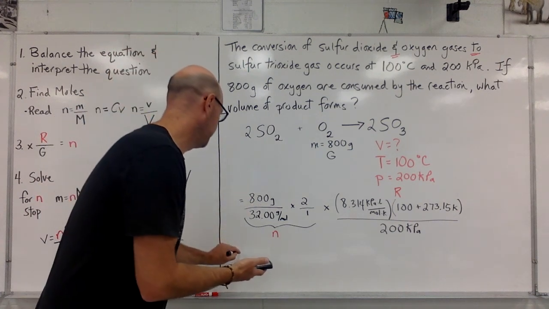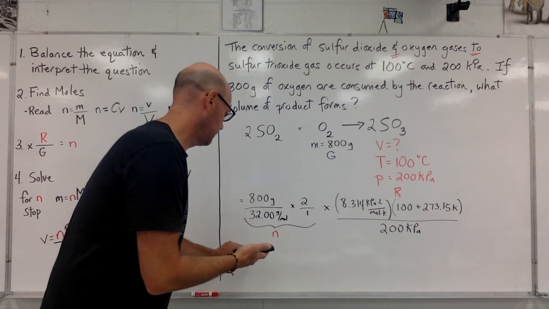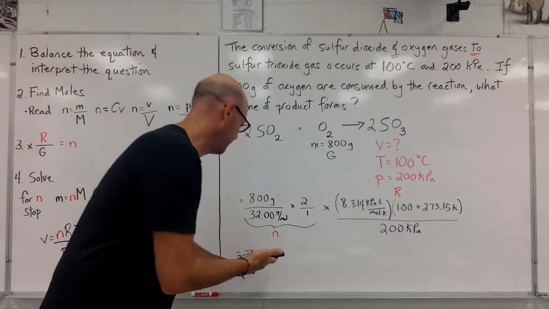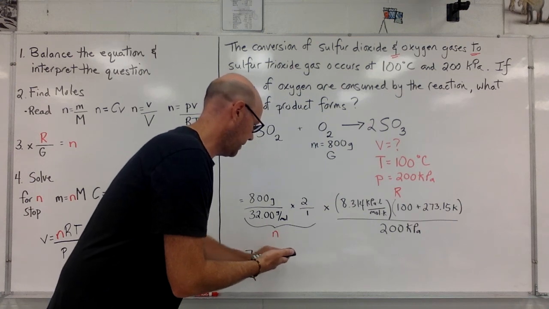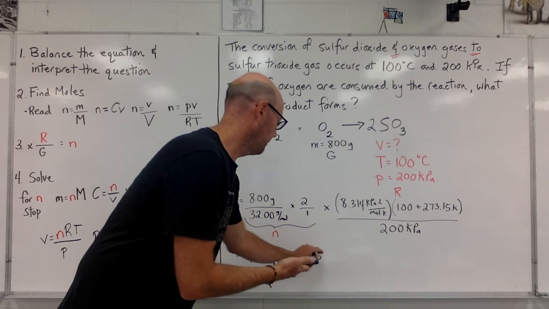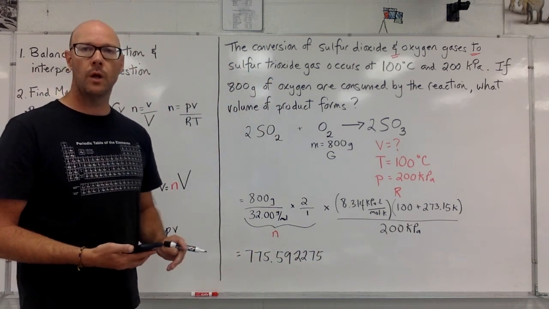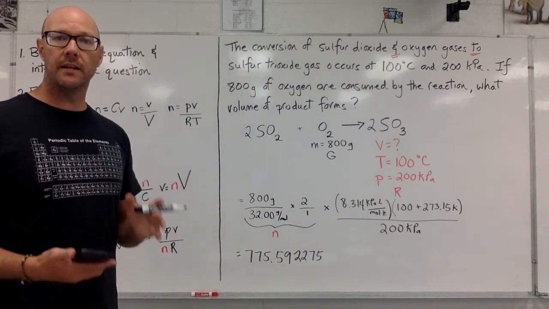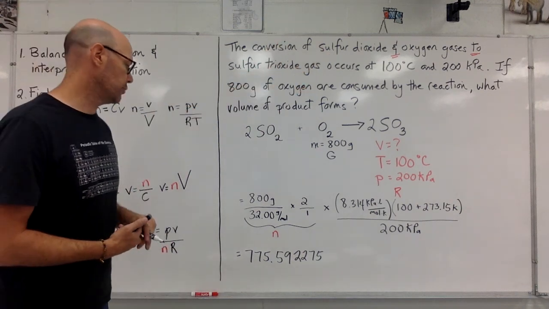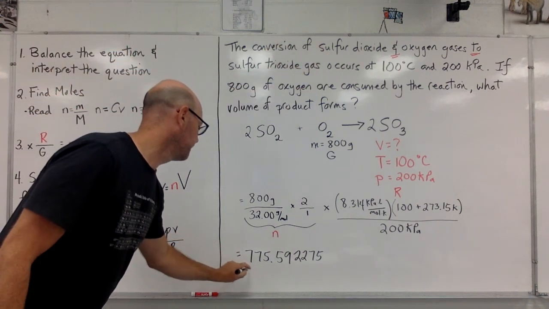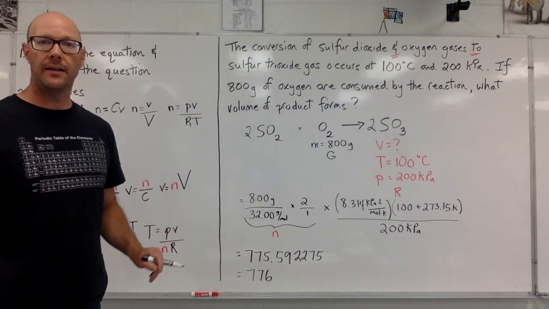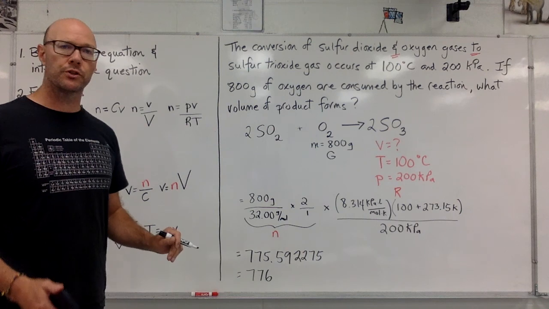We get 775.592275. With our three significant digits from the question, 100, 200, 800, equals 776. And this was the volume that we were solving for, liters.